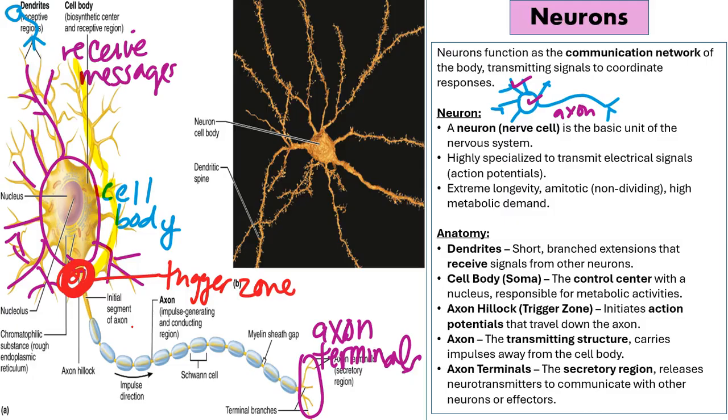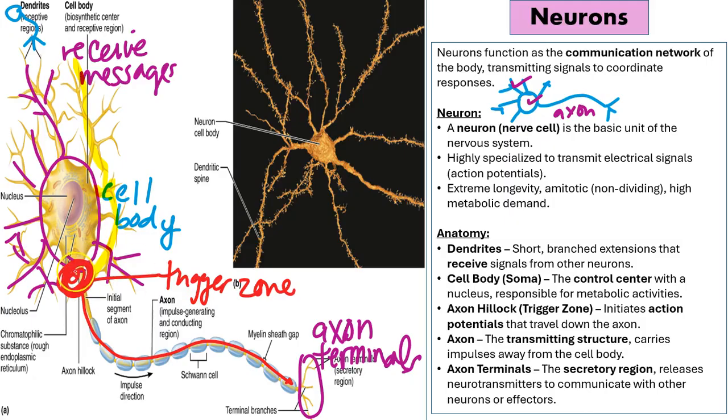So we're going to be focused on action potentials and graded potentials as we go along. But what this is really saying is we want to make sure that all the signals we get from the dendrite go to the cell body. The cell body is going to move that signal to the trigger zone or the axon hillock. And depending on the strength of that signal, it will have the ability to then travel down the axon and get that message to the axon terminal.